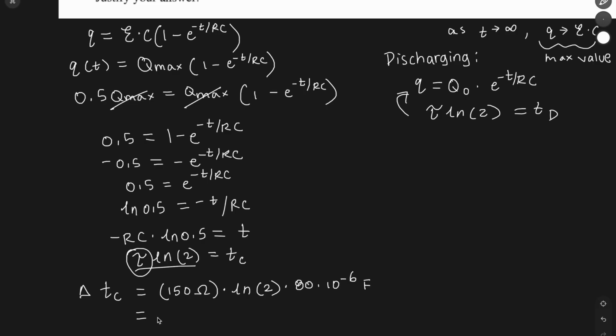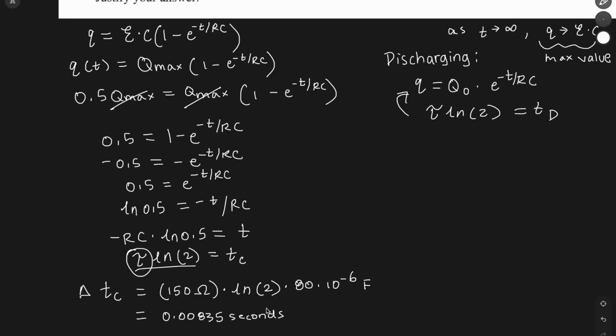If we crunch the numbers, we get something like 0.00835 seconds. Remembering units is very important here. In this case, our units are going to be seconds.